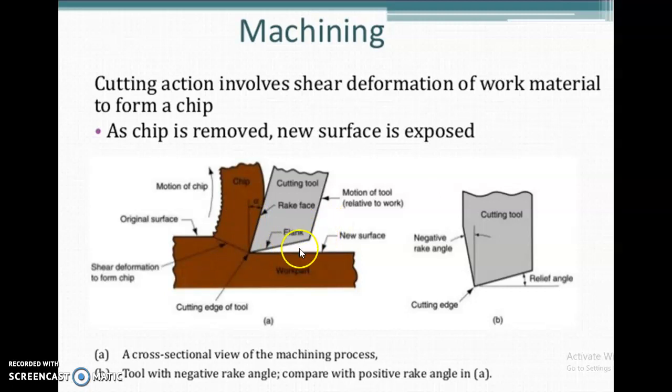So we give some relief angle so that it won't be in contact with the workpiece. Am I clear? And next, this is the negative rake angle, this is called the positive rake angle, and this angle is called the negative rake angle, and this angle is called the positive rake angle.